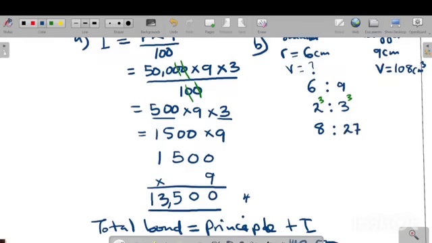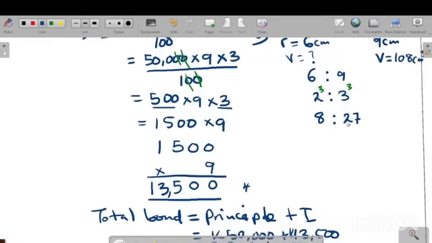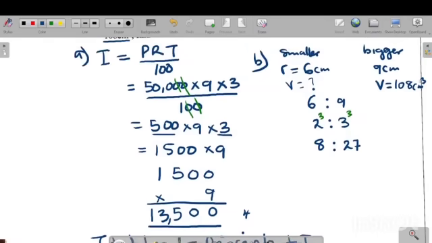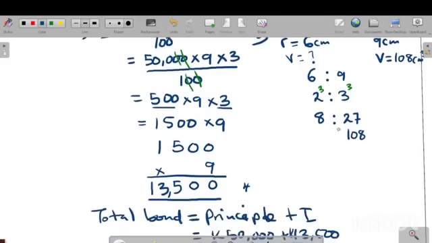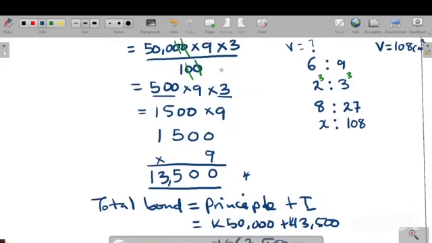Remember, the volume of the bigger tin we've been given is 108. So 108, we are going to write it under the ratio of the bigger tin, which is 27. Then we don't know the volume of the smaller tin.